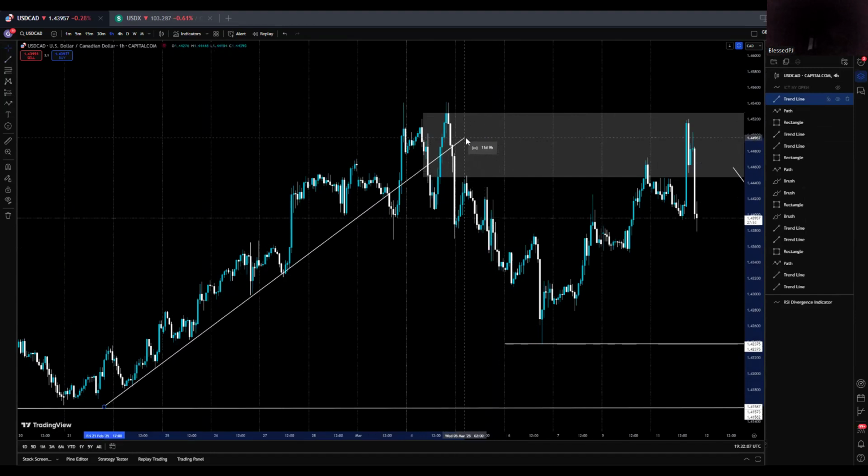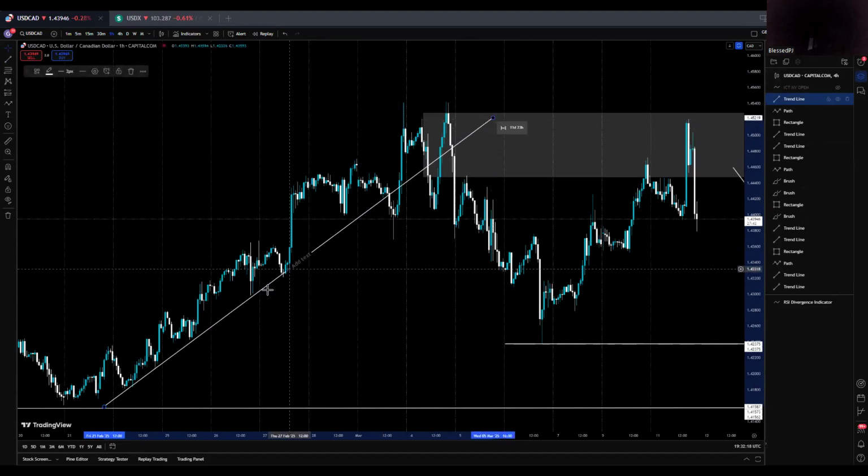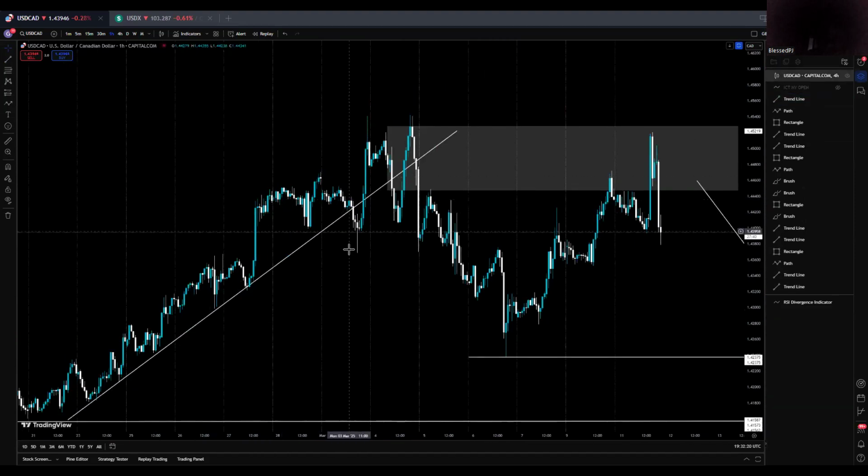The market came, dipped a little bit below, came back up. The market broke. This was like a break. When the market broke from this trend, it did try to retest, it couldn't, and gave us continuous sells downwards.